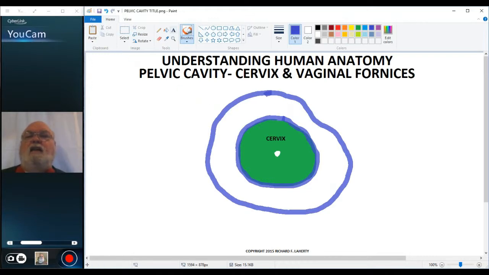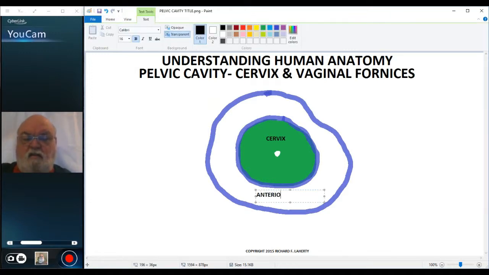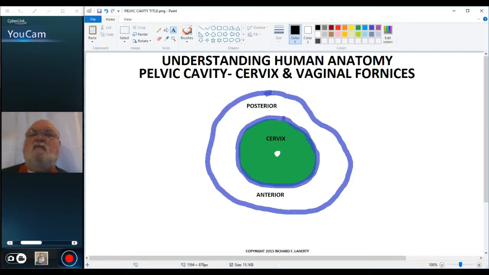There is an anterior fornix, in this region, a posterior fornix, and 2 lateral fornices.